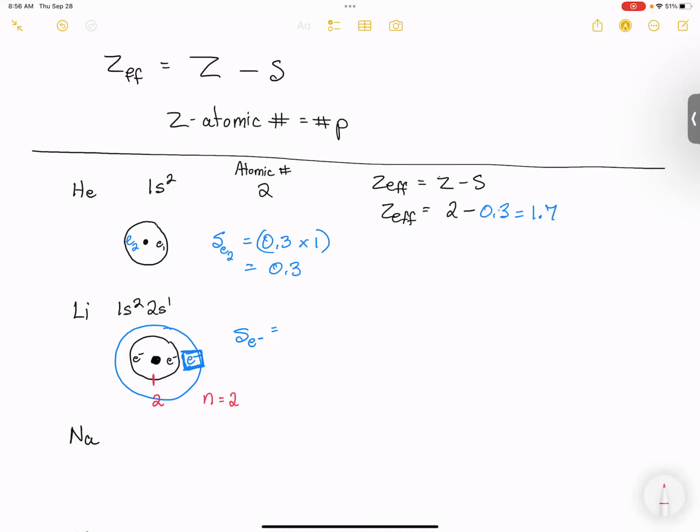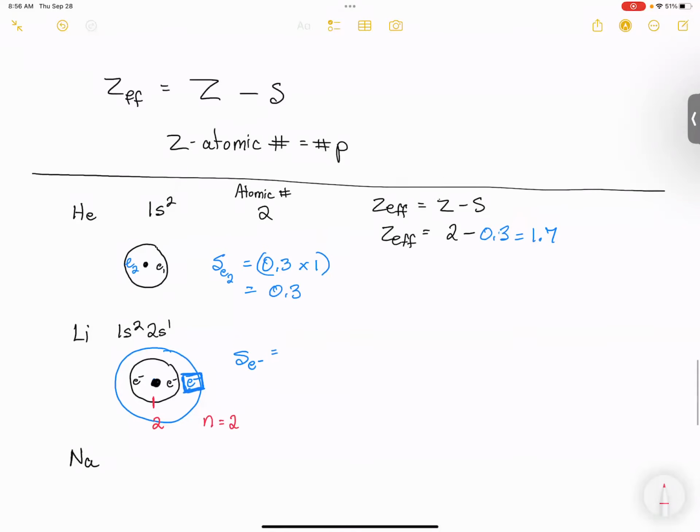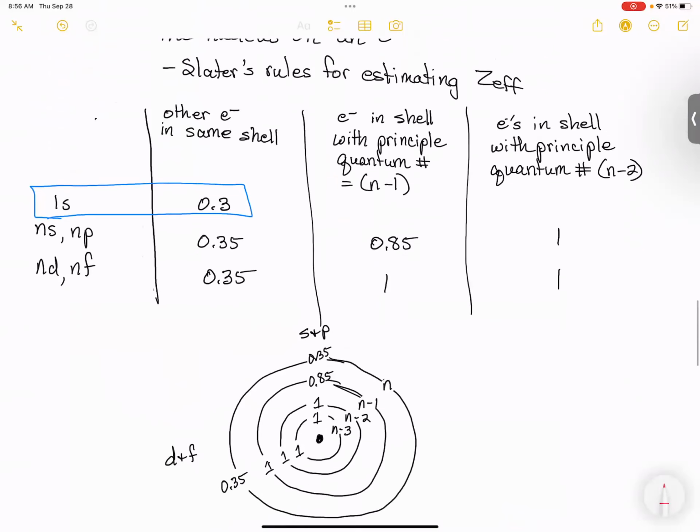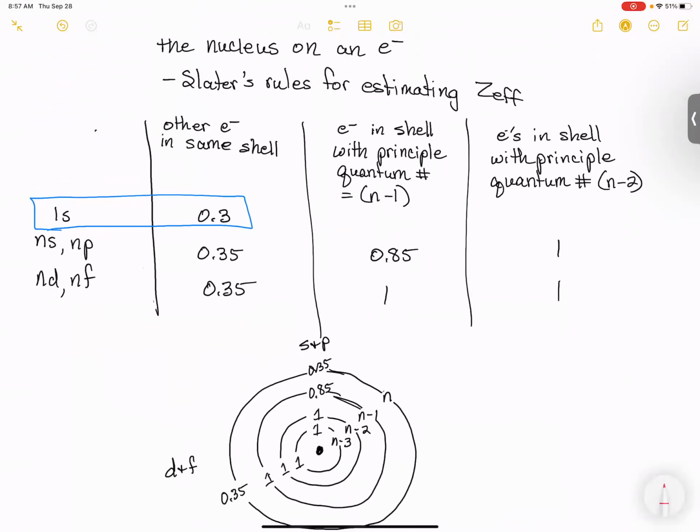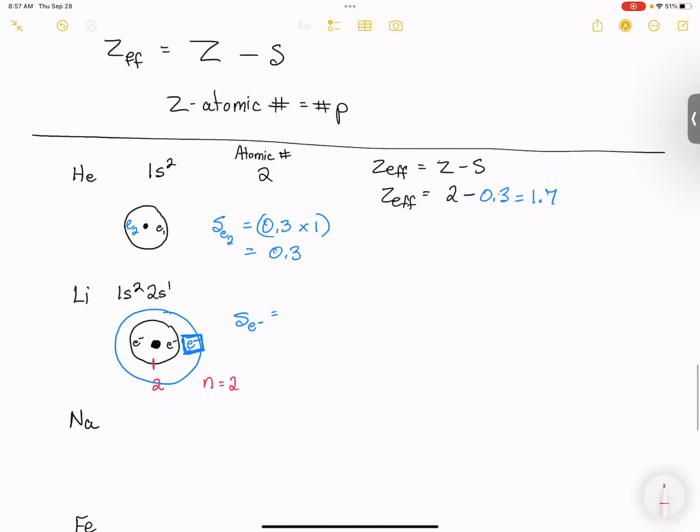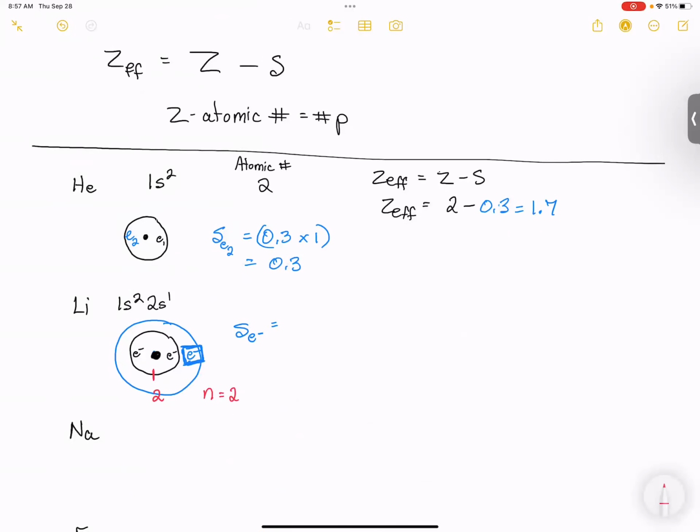Now, going back up, we don't have an electron in the same shell, so it doesn't matter, because there was only one electron in that N2.